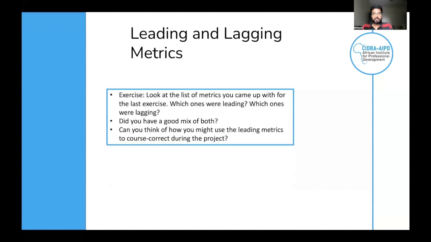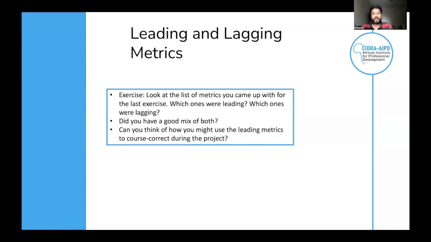If you had come up with a list of metrics for whatever goal you wanted to achieve, now you can pause and think about which of those were leading and lagging metrics. It is advised to have both types of them. If you don't have leading metrics, you do not know how you're doing while you're doing it.